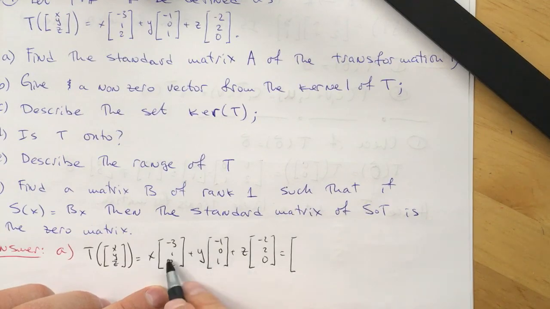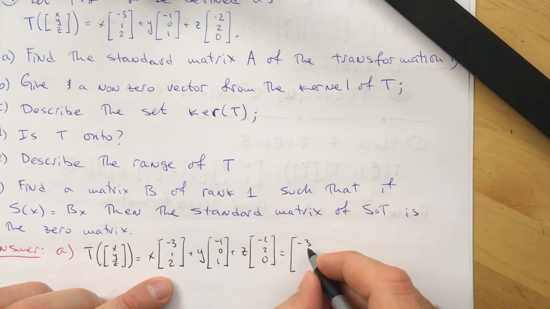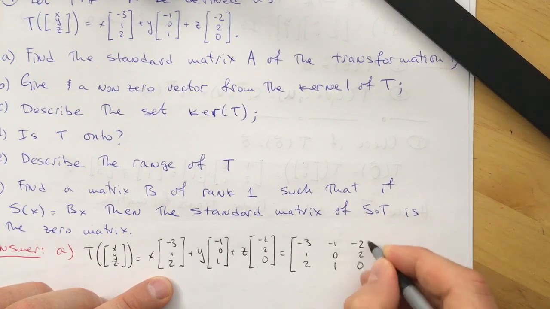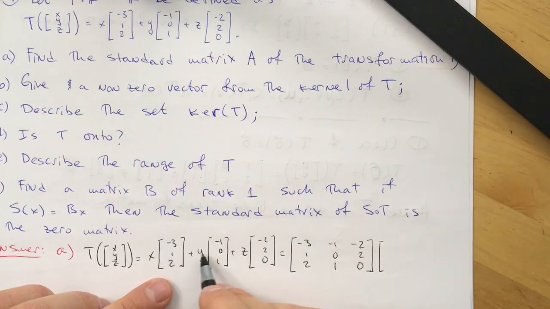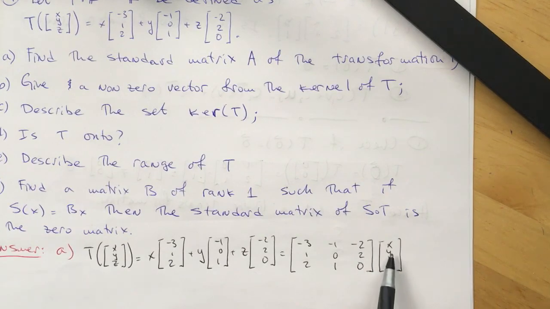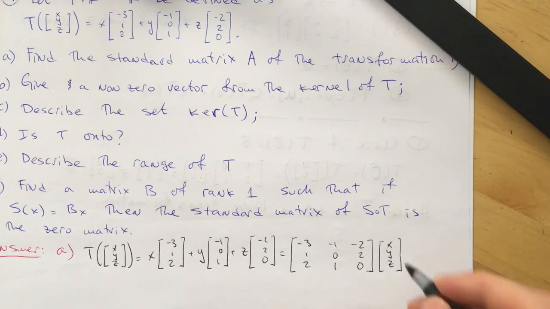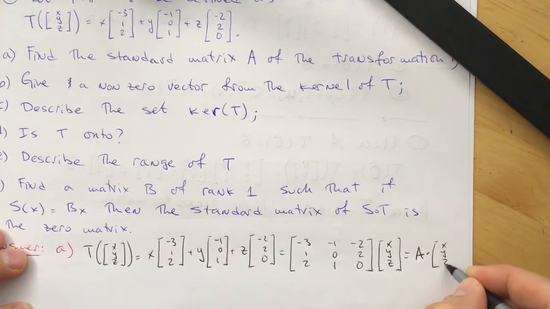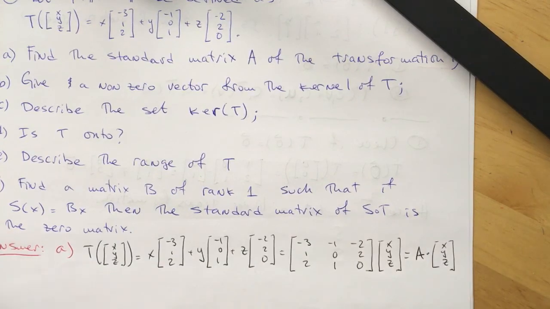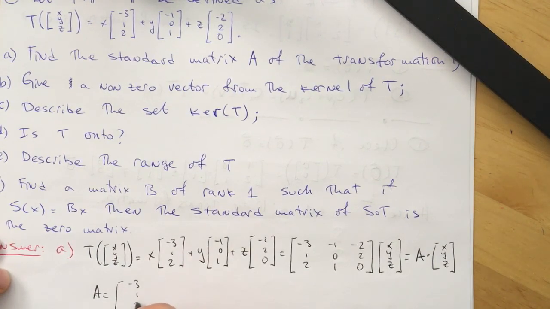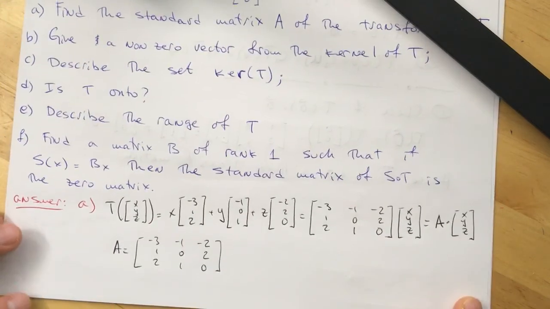These three vectors are going to be the columns of our matrix, times, let's call these the weights, which are just going to be the entries of our vector, right? And what do I get? I get a matrix A times the vector x. Okay, so obviously A, the standard matrix of the transformation, is just [-3, -1, -2; 1, 0, 2; 2, 1, 0]. A very, very simple question.